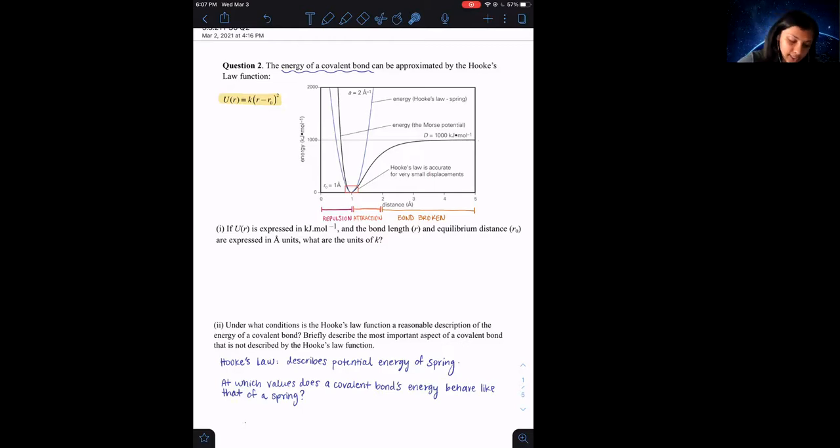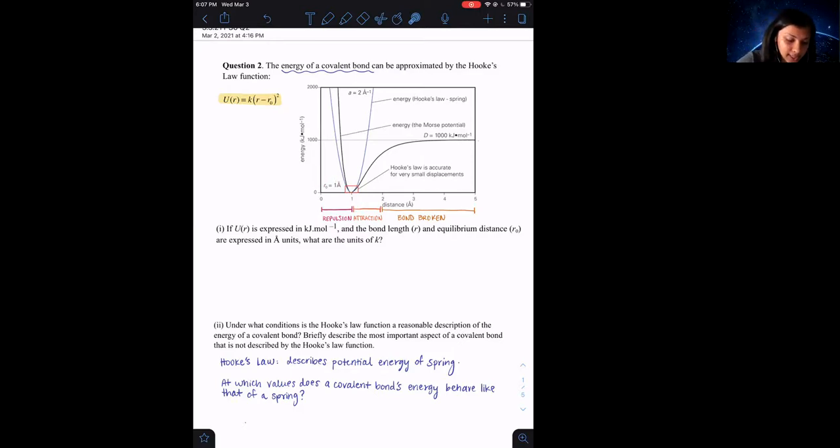So as we can see by looking at this diagram, the energy is 0 kilojoules per mole at an interatomic distance equal to R naught. And R naught is the equilibrium bond length, or the optimal bond length.